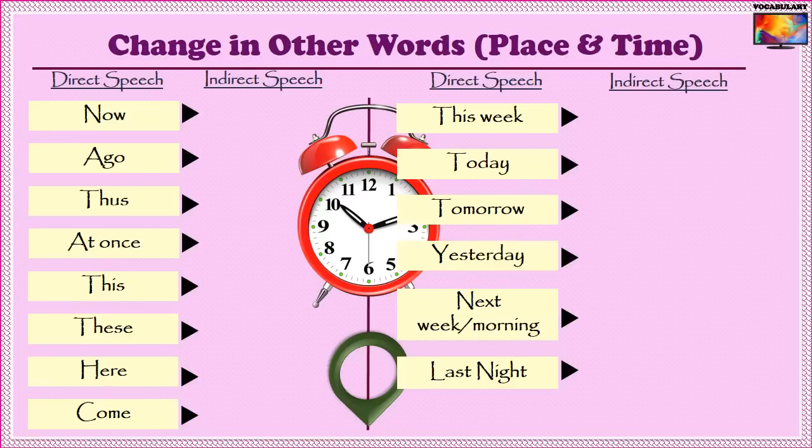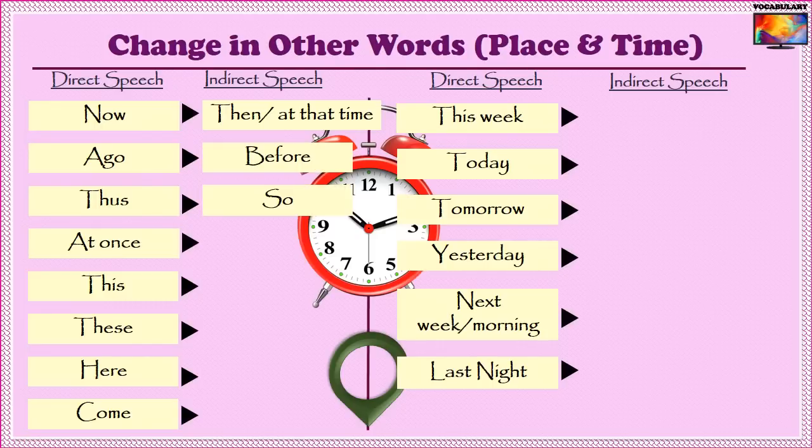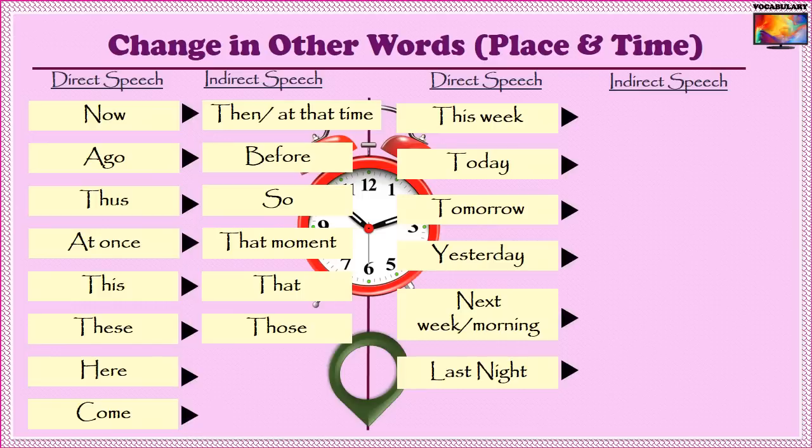Now changes to then or at that time. Ago changes to before. Thus changes to so. At once changes to that moment. This changes to that. These becomes those. Here becomes there. Come changes to go.